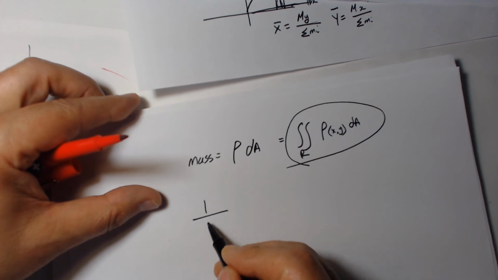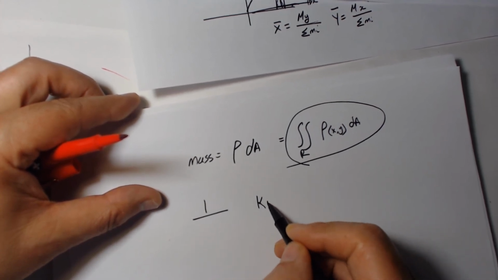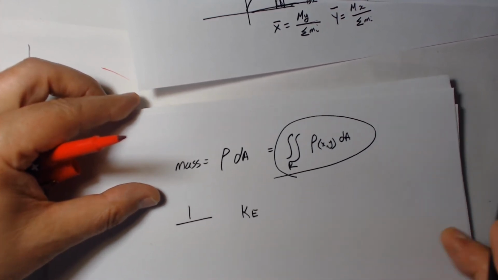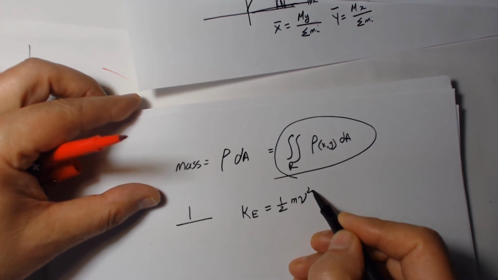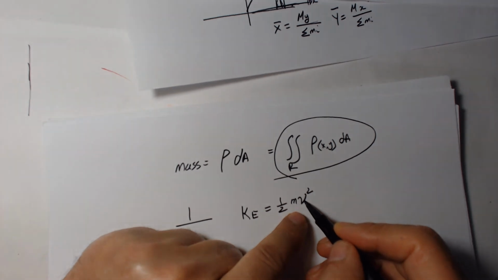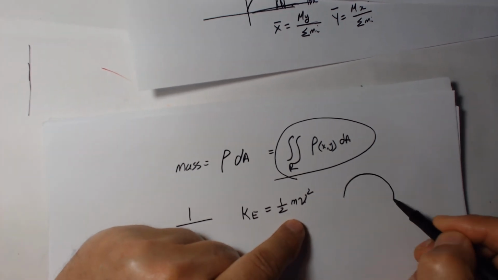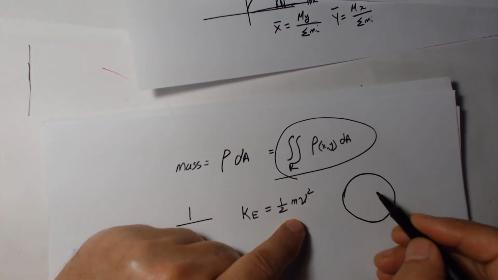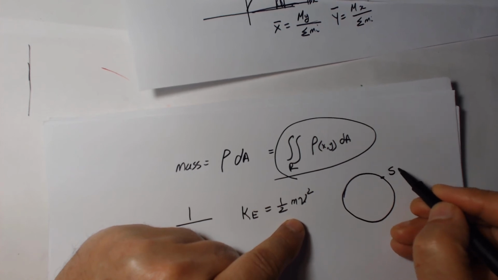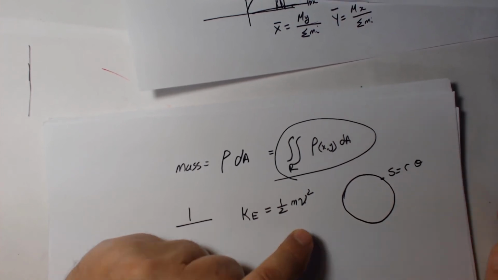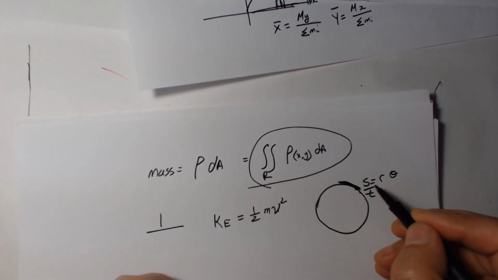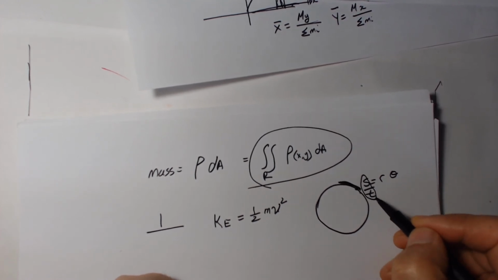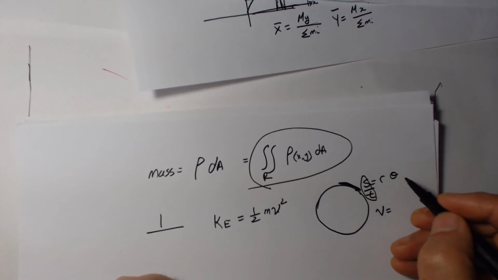Next thing we're going to talk about is kinetic energy. Your kinetic energy is 1/2 mv squared, but this is a linear velocity. What happens if you have an angular velocity? Remember, the arc length is s equal to r times theta. s is arc length, a distance. If I divide it by t, distance over time is a velocity.